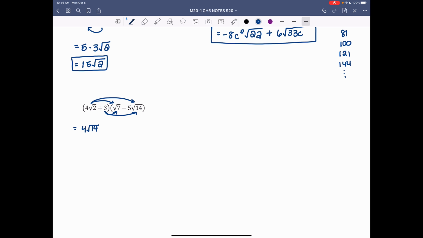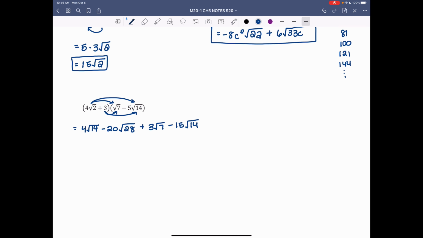Root 2 times negative 5 root 14 is negative 5 root 28. 3 times square root 7 is 3 square root 7. And 3 times negative 5 square root 14. 3 times negative 5 is negative 15 square root 14.